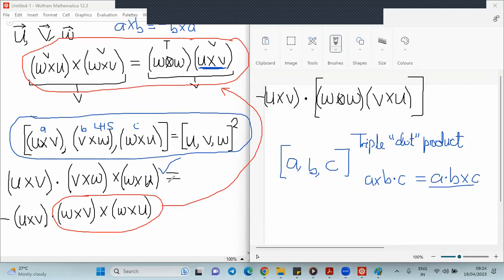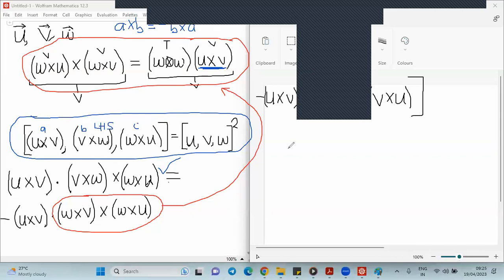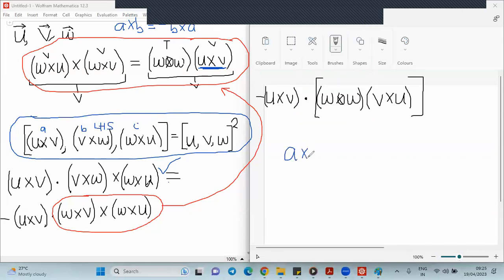Now, to get to the next point where I have this red circle, what I did was this. A cross product, as I mentioned before, is not commutative. So if you have two vectors doing cross products, like A cross B, you cannot say A cross B is the same thing as B cross A. They are not the same.